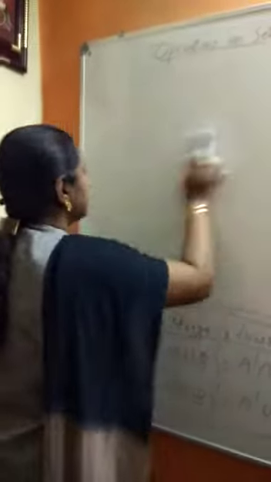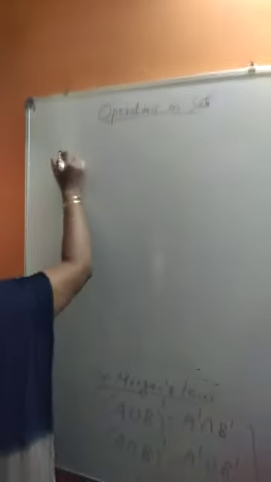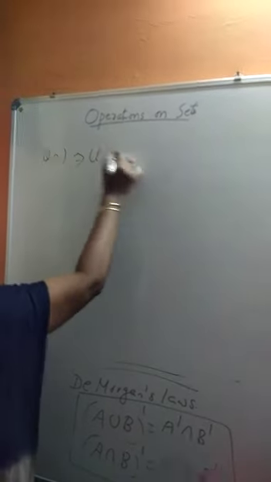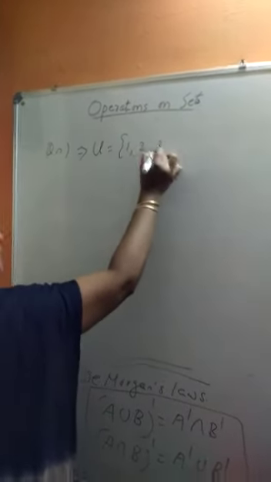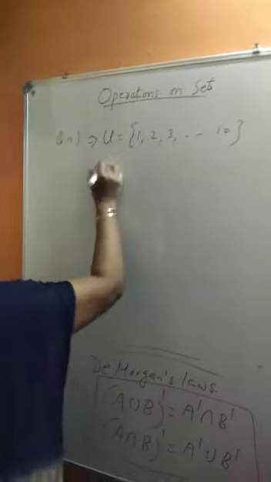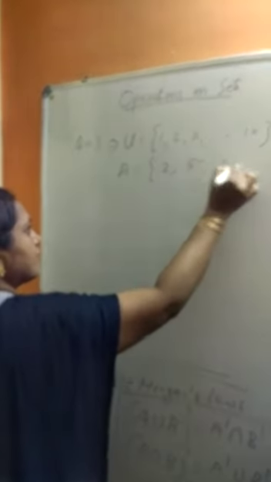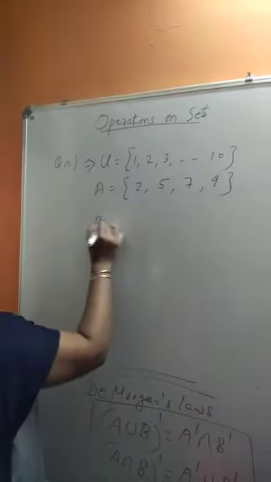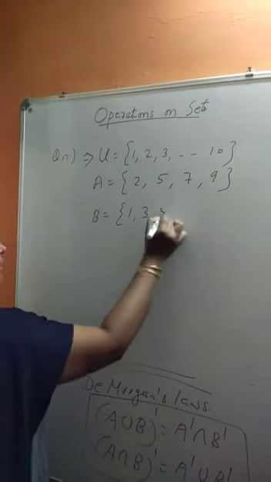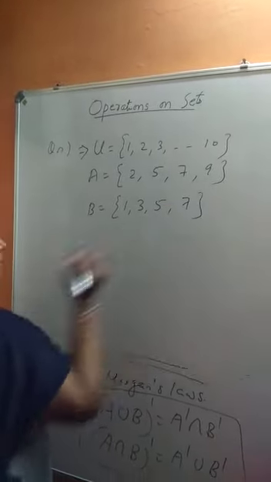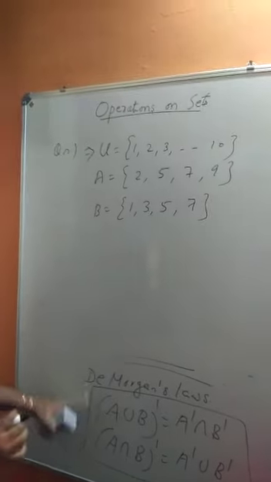The question is: U is equal to the set {1, 2, 3, up to 10}. A is equal to the set {2, 5, 7, 9}. B is equal to the set {1, 3, 5, 7}. So we have to verify De Morgan's law.